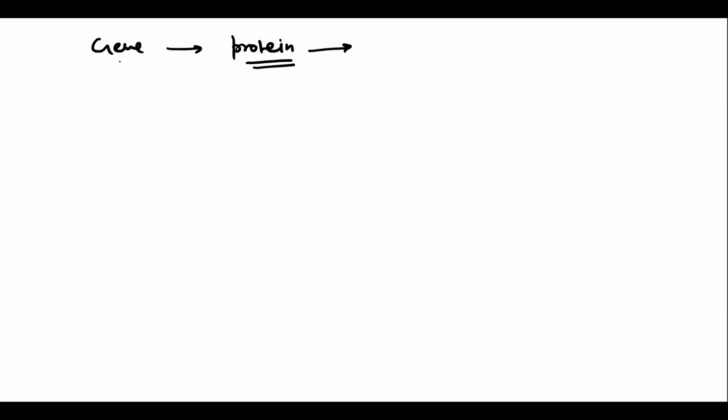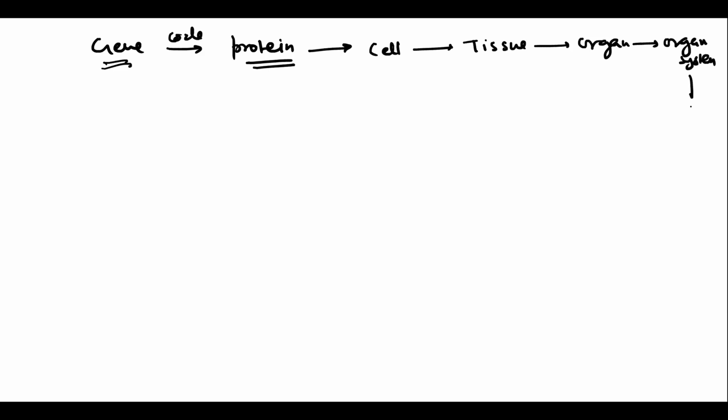So this gene codes for protein, and proteins help in building cells, cells help in building tissues, tissues help in building organs, organs help in building organ systems, and organ systems help in building an organism.